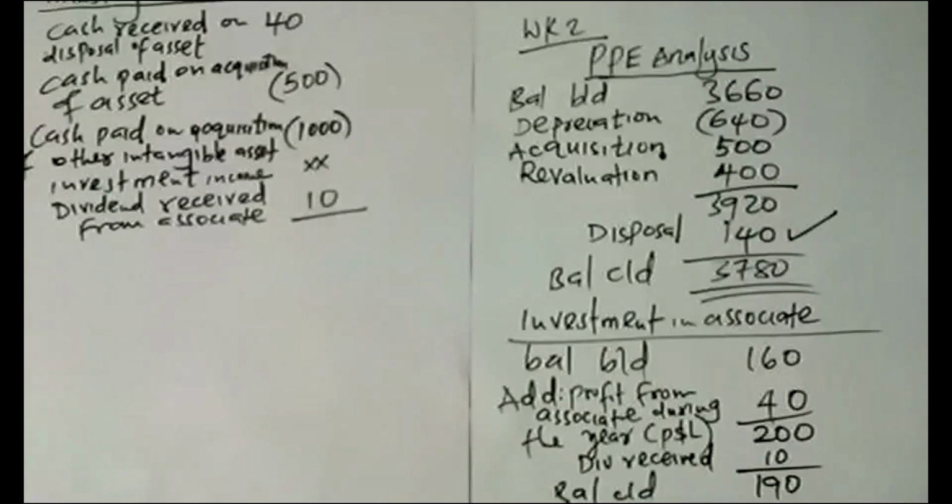So your answer there, that is all about investing. So 40 plus minus 500, not plus, minus 500 minus 1,000 plus 10.